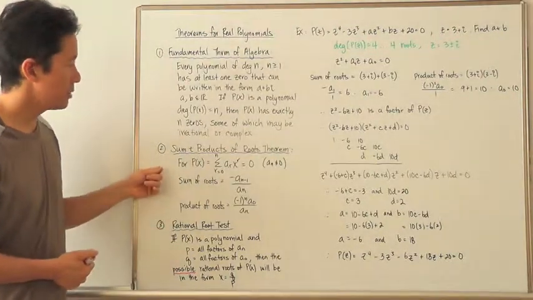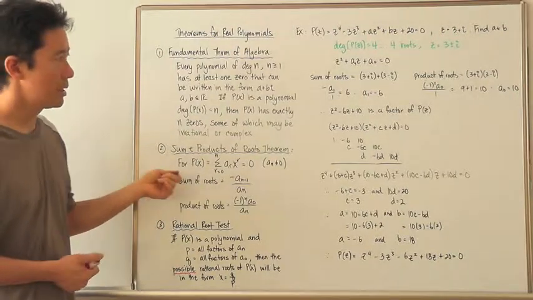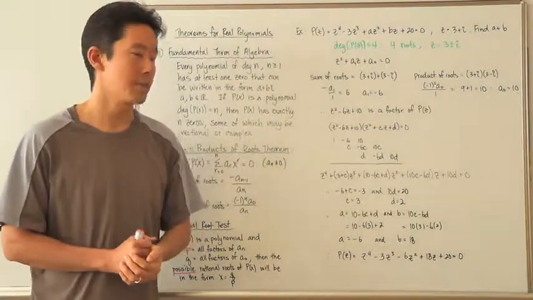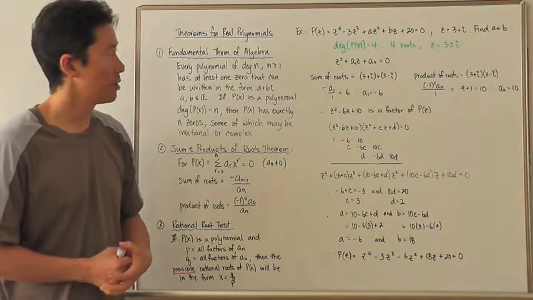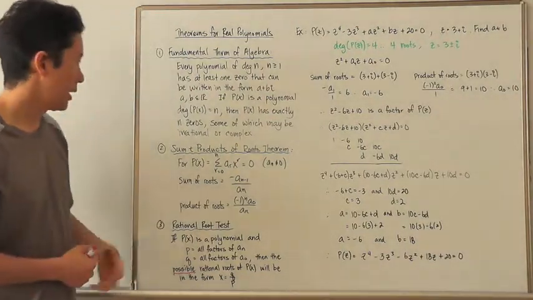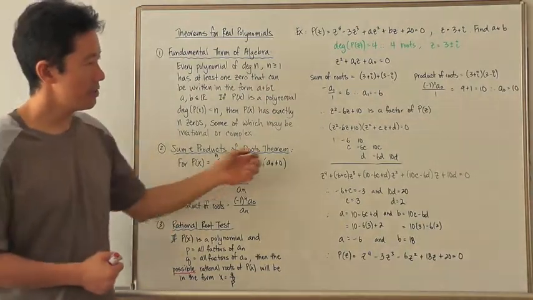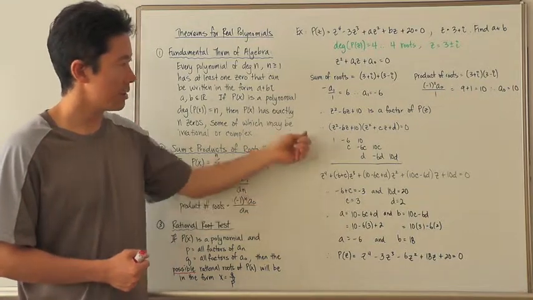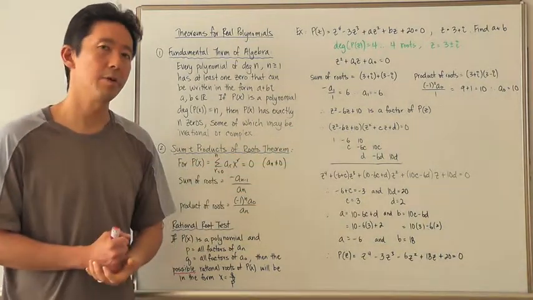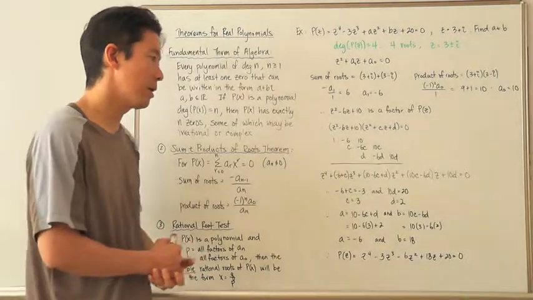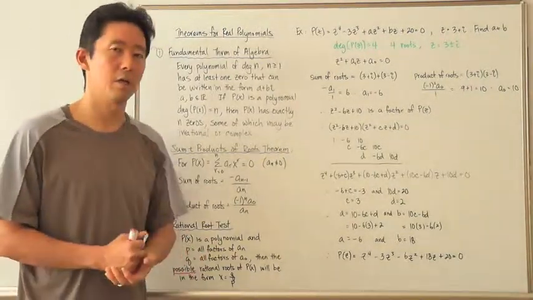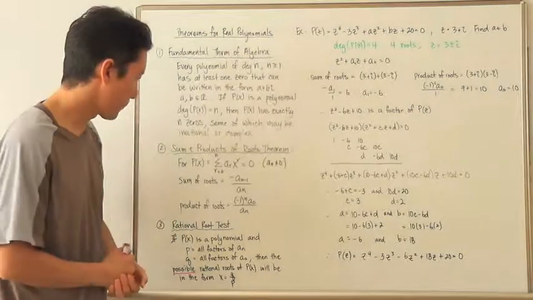After that, you can use the sum and products of roots theorem to help you determine, for example, a quadratic factor of your polynomial. Then you can continue to use the ideas we've learned from the previous sections to find all of the roots of your polynomial.